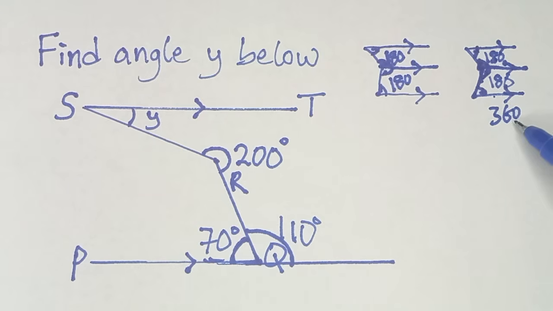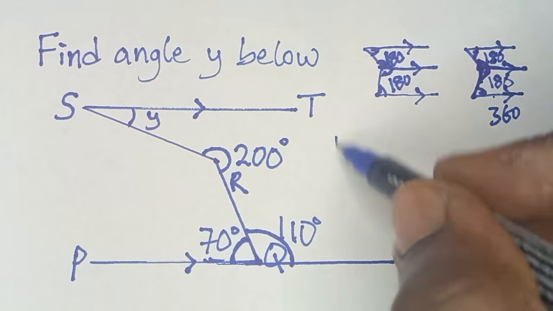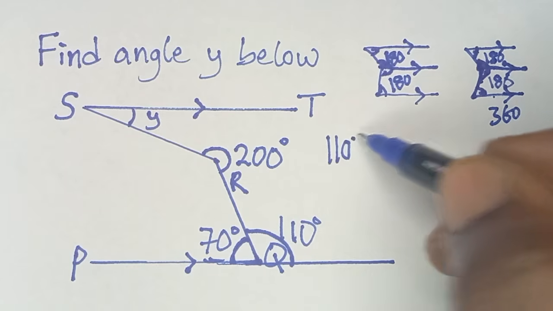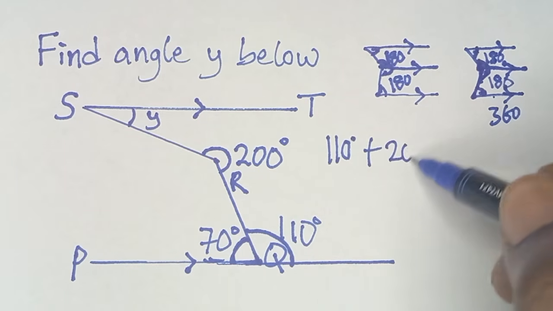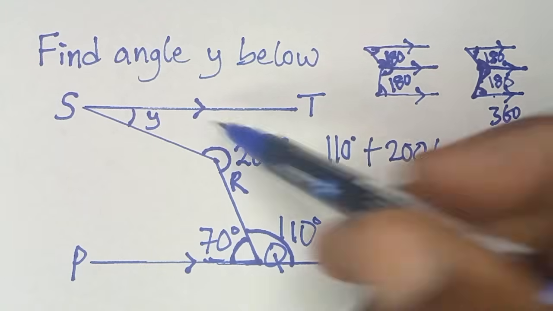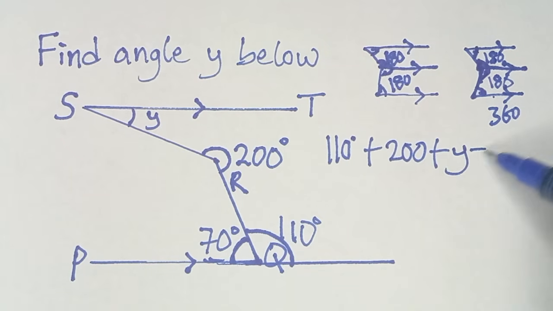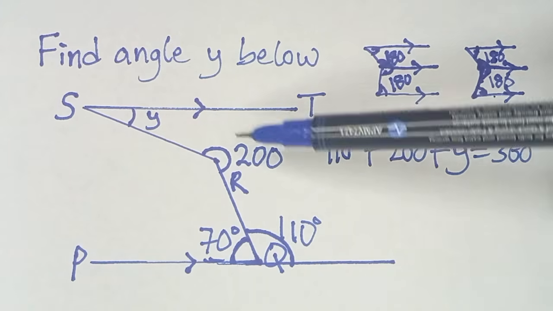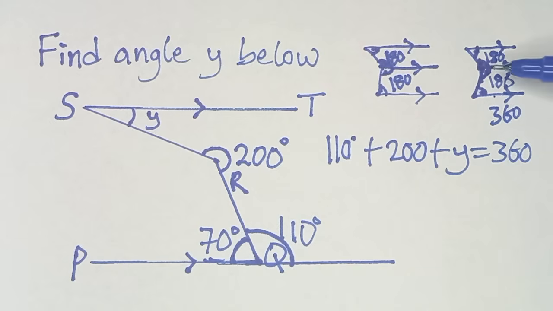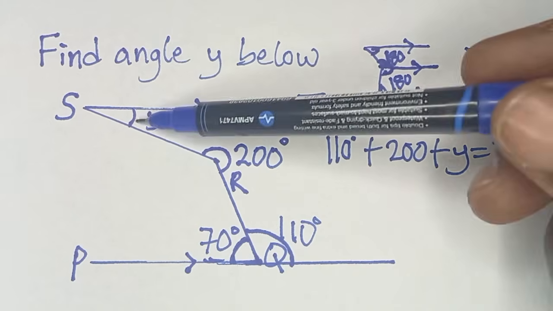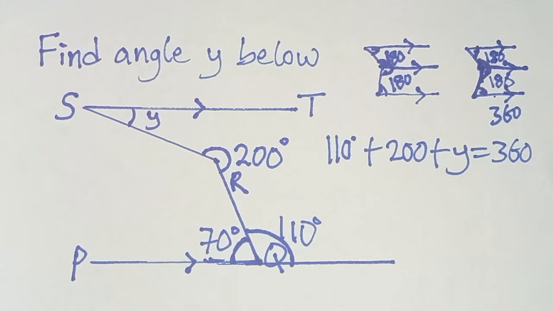So based on this rule of double co-interior angles, you will agree with me that 110 degrees plus 200 degrees plus y degrees is equal to 360, just as I illustrated there, because these three angles now are like the three angles I showed here.